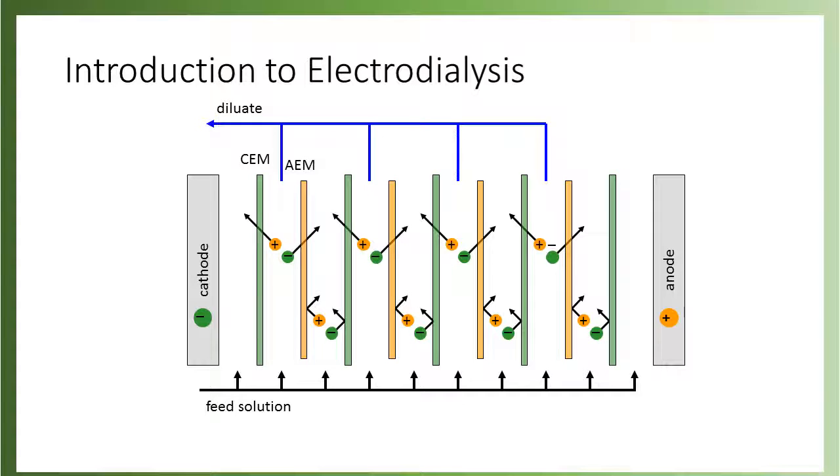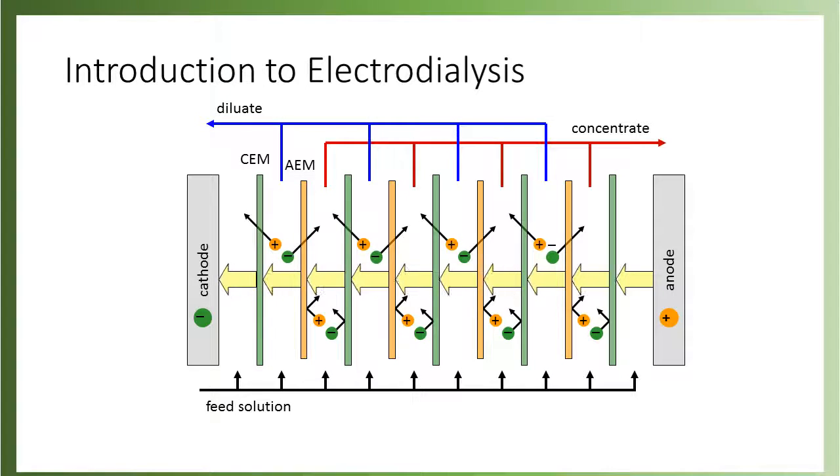So between the cell pairs, we get pretty clean, low salt concentration water, which is the diluate, and we have high salt concentration water, which is the concentrate. And because we use electricity here, we produce hydroxide and protons at the anode and cathode, and we rinse this water using electrolyte, catholyte and anolyte.